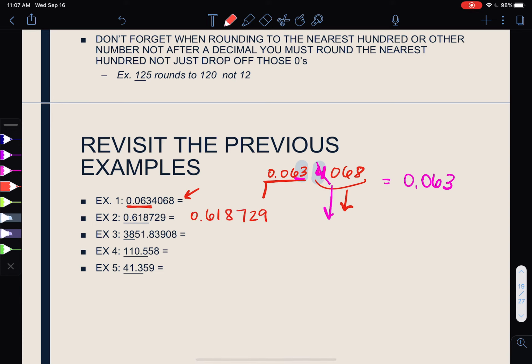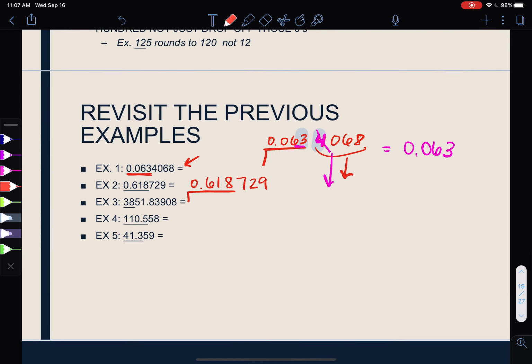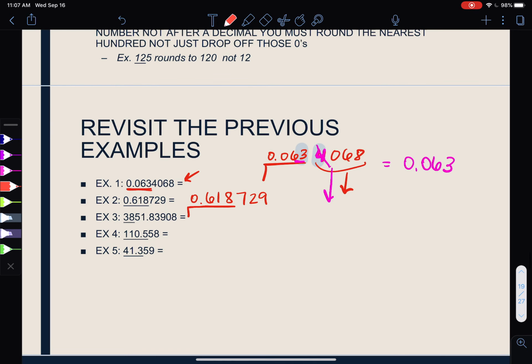0.618729. For this one, we decided our cliff from our math. Like those are the significant numbers. So this is your cliff, and that means that these numbers are falling off the cliff. The only ones that matter to you are this 7 and this 8.